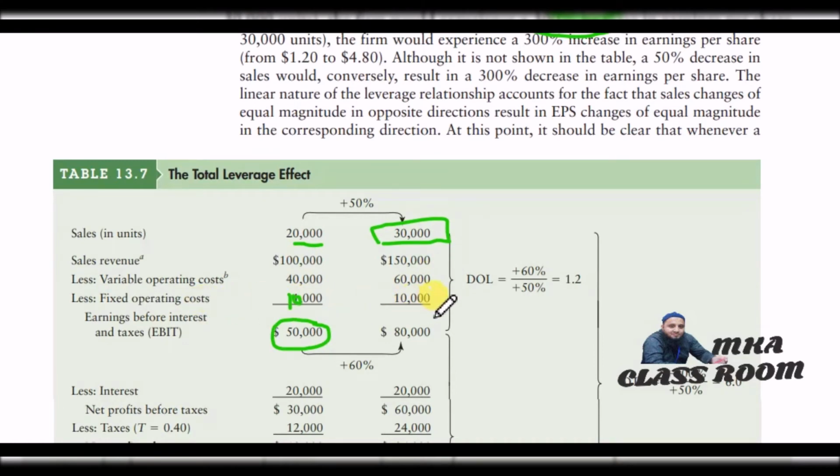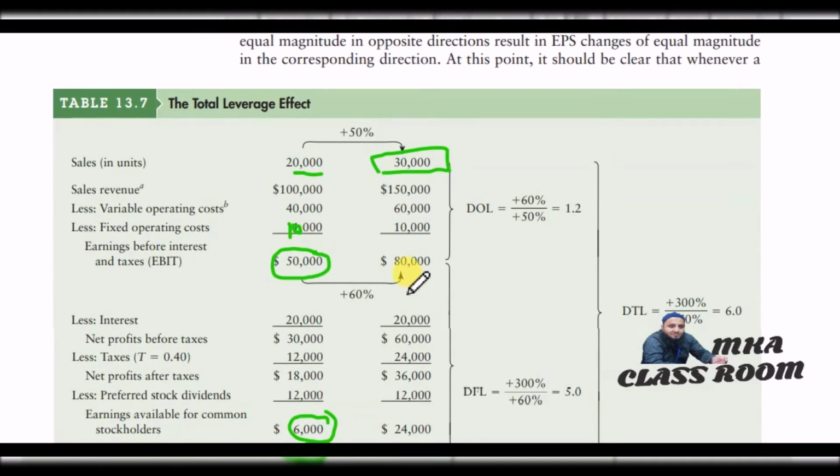Then fixed operating cost 10,000, that is fixed. If we deduct 70,000 from 1,50,000, we have 80,000 as our EBIT.